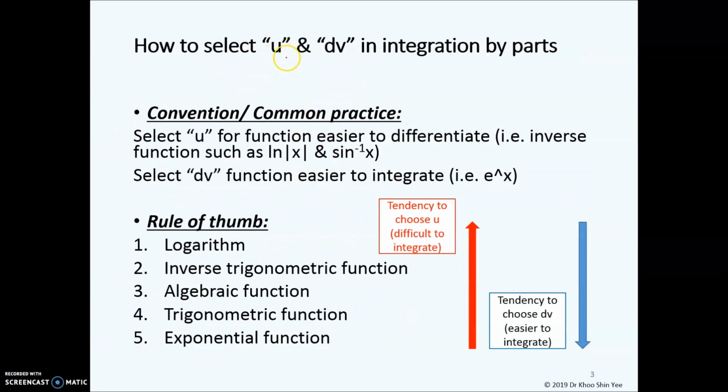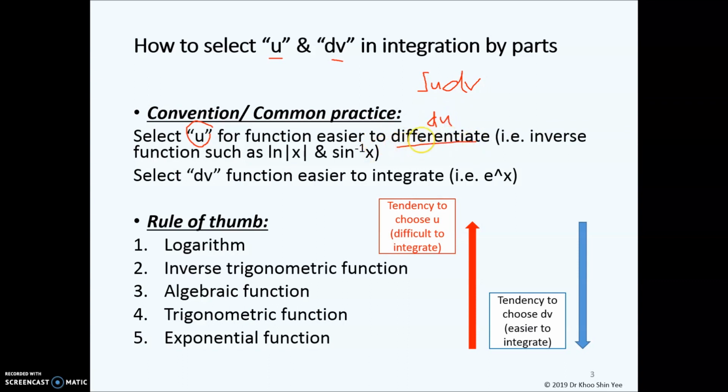In this slide, it shows you how to select u and dv for the general integration by parts. Normally, we choose u to be something easy to differentiate, because we want to have du.